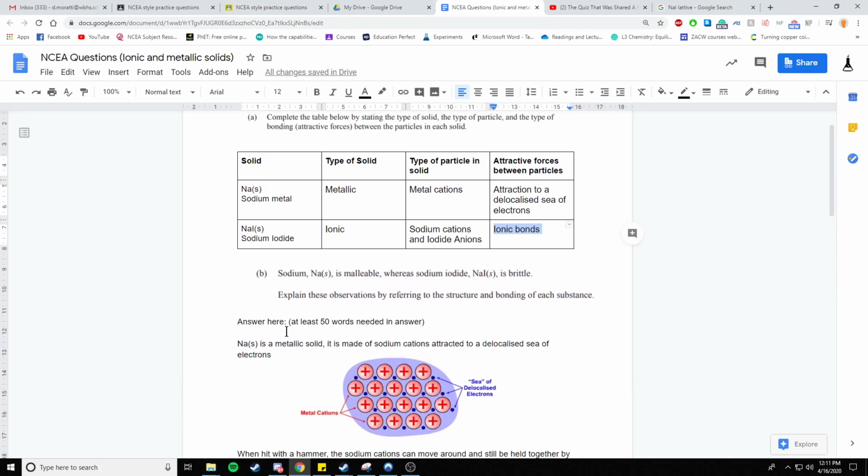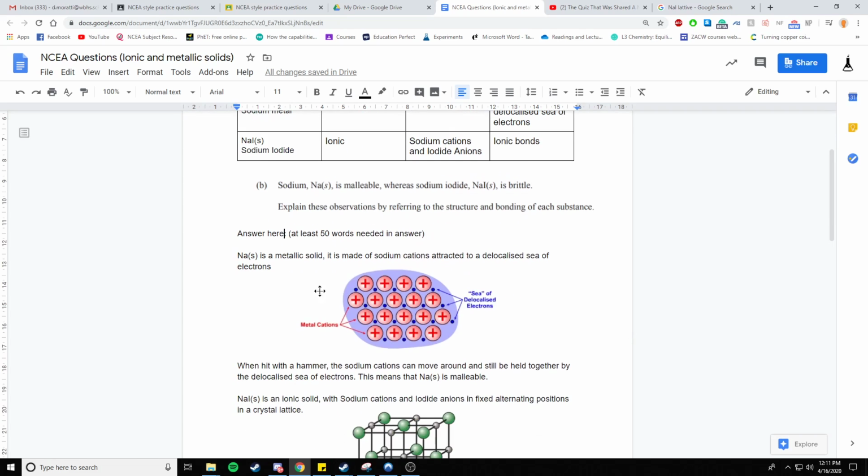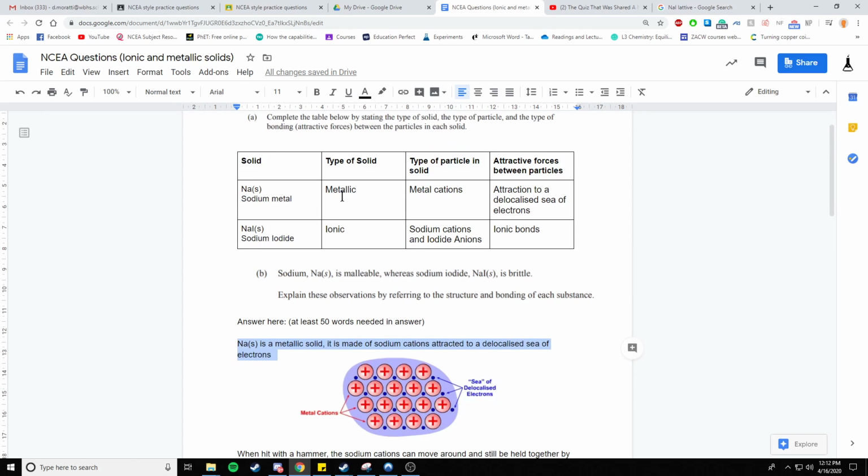Now, sodium metal is malleable, whereas sodium iodide is brittle. Explain these observations by referring to the structure and bonding of each substance. So sodium metal is a metallic solid. It's made of sodium cations attracted to a delocalized sea of electrons. Notice I just took everything here and put it into a sentence.